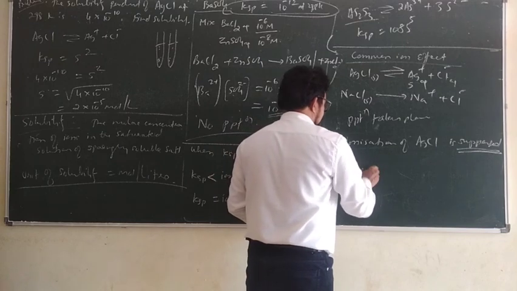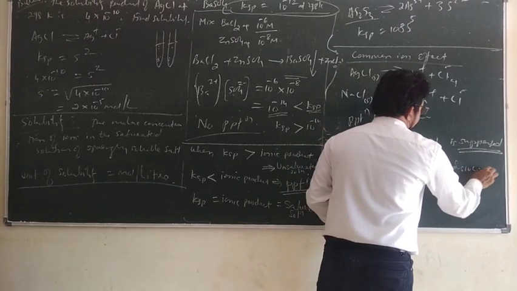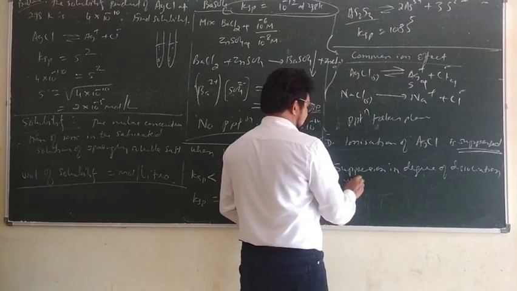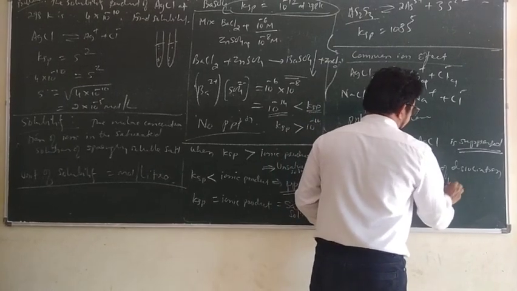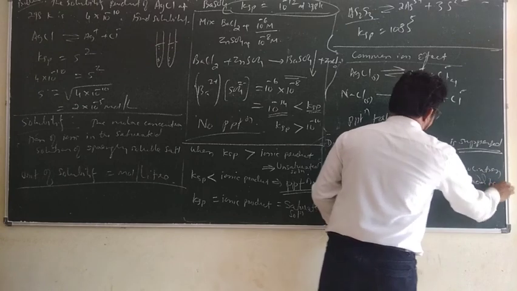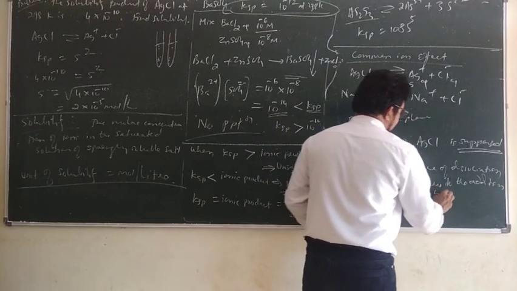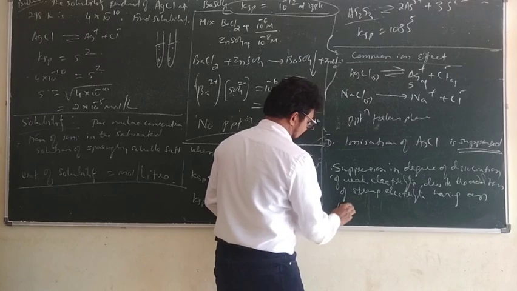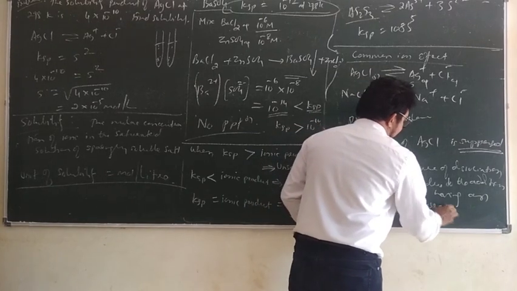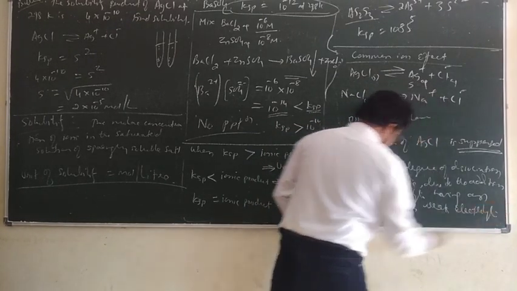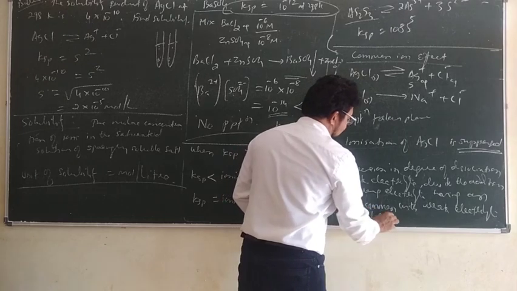Suppression in the degree of dissociation of a weak electrolyte due to the addition of a strong electrolyte having an ion in common with the weak electrolyte. That ion is called the common ion.